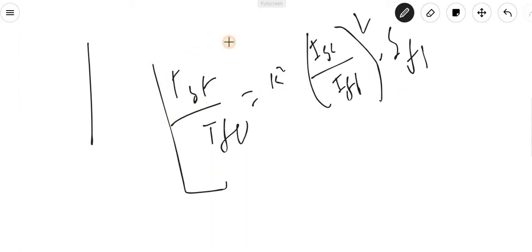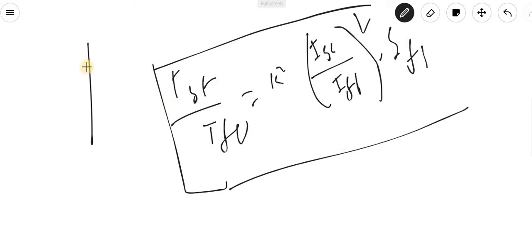We have seen this expression in the study of the auto transformer. Also, you can see the link in the description for the auto transformer study.